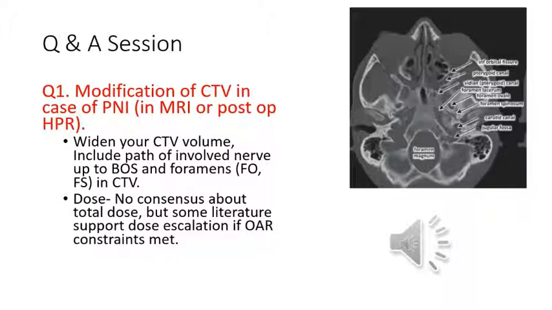Even at times, if you're going up to the base of skull, or let's not talk about base of skull, in cases like nasopharynx, where the optic apparatus is sitting right next door, you might find it difficult to go up to 60 gray also at times. So topping up is not what we consider, and we consider up to 60 gray, which is the general practice. Right, ma'am. We also follow the same.